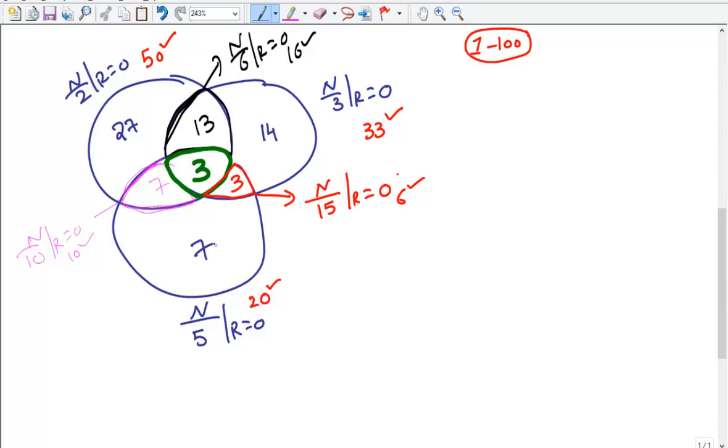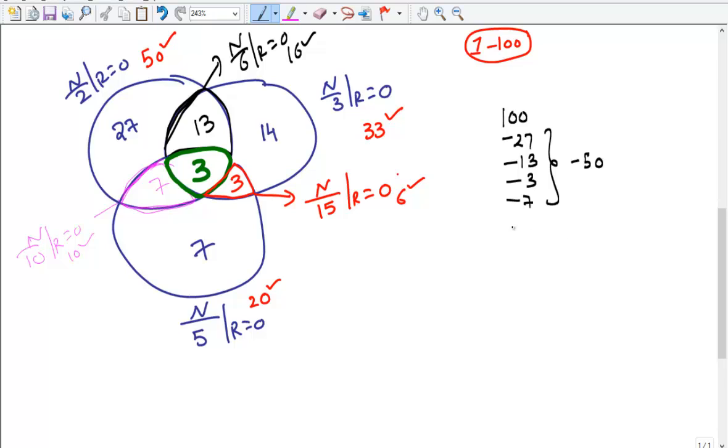Now all of them are multiples of 2 or 3 or 5 or 6, 10, 15 and 30. So we just need to eliminate all of them because these are the multiples. We want the numbers which are not divisible. Here we found the numbers which are divisible. So from first 100 natural numbers, we need to subtract minus 27, minus 13, minus 3, minus 7. It's nothing but the first set, which is minus 50.